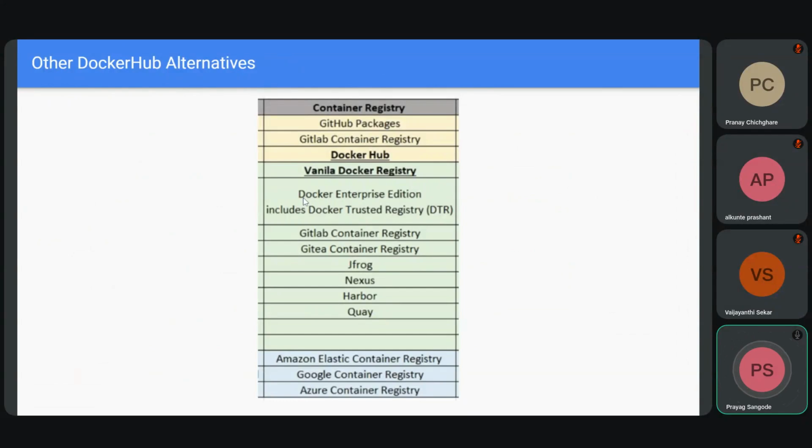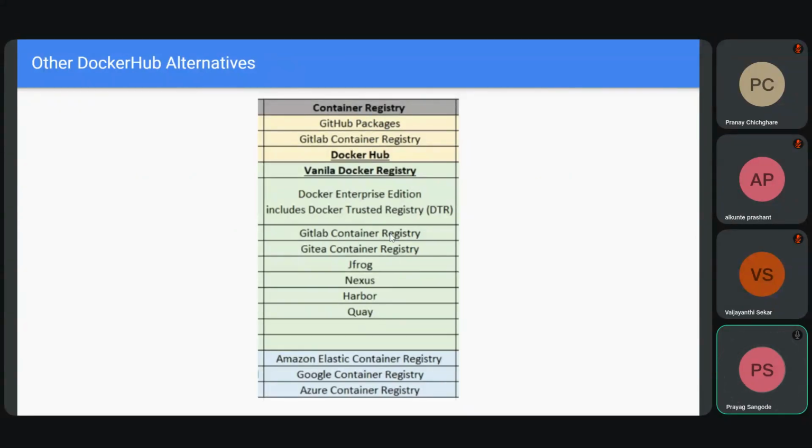Then Docker has its enterprise edition, which is Docker Trusted Registry. Then the GitLab Container Registry, which is actually on-prem. Some of these are cloud-based, and these two are on-prem.